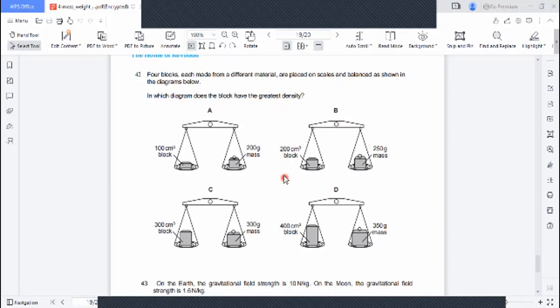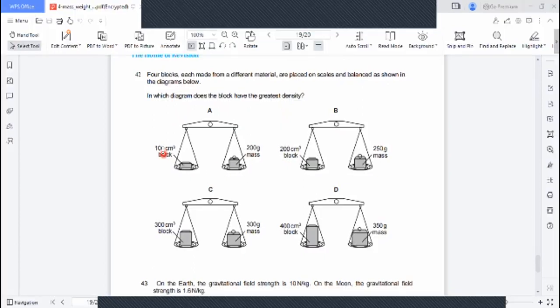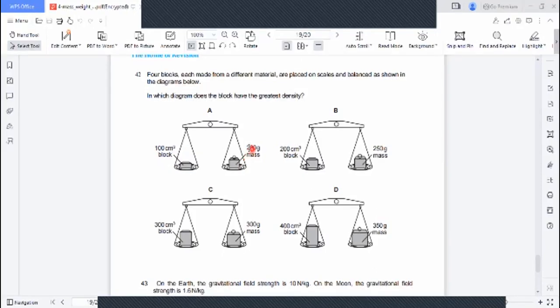Like, all of them are 100 grams, and you can see the small mass, the mass is the same, 100. Okay, its volume is small and mass is also small. It means, and similarly, the mass is a little larger and the volume is a little larger. It looks like these are proportional.